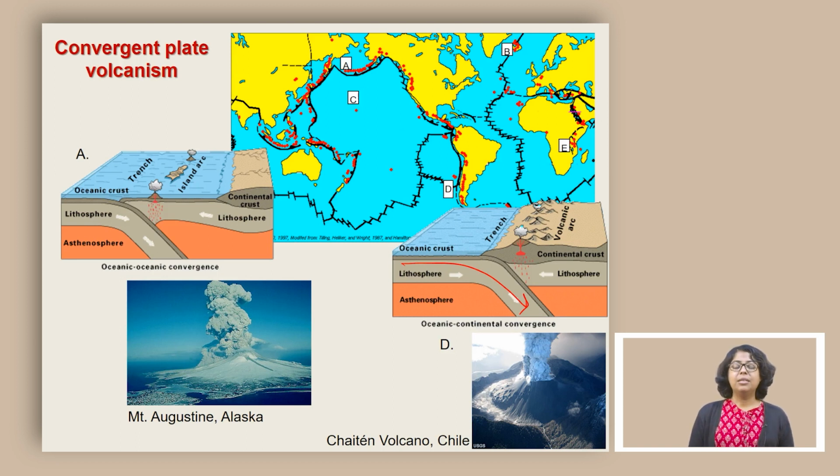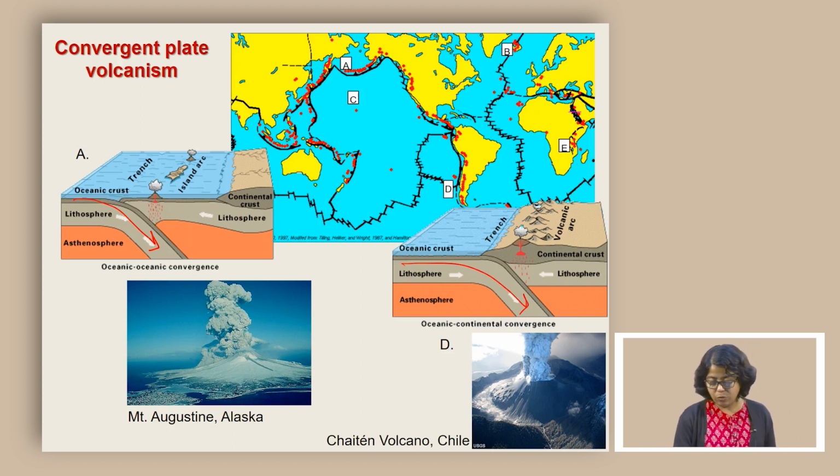Because of that, old, cold, dense oceanic crust will actually subduct underneath relatively newer, hotter and slightly less dense oceanic crust. Examples of such convergence are found in Alaska, where we do find quite a bit of magmatism.